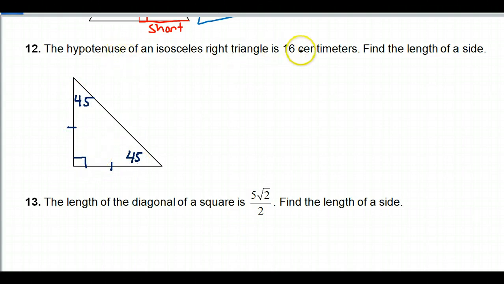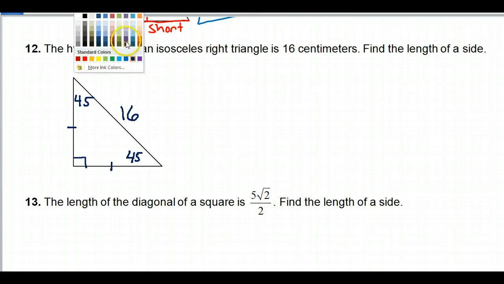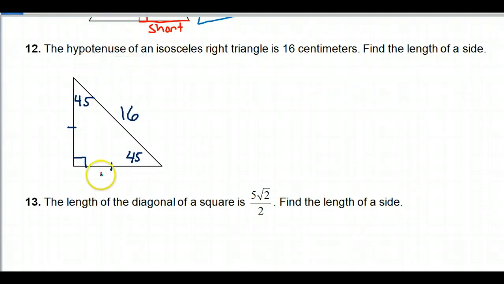The hypotenuse is 16, so we know that this is 16. Find the length of a side, so we're looking for the legs. Okay, so like we always do, we will label everything with the expressions. We have leg, leg, and 16 should equal leg root 2.